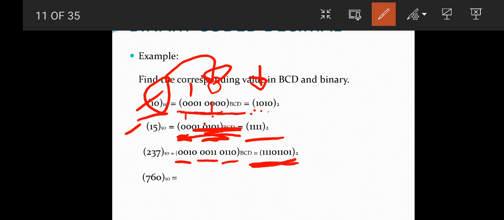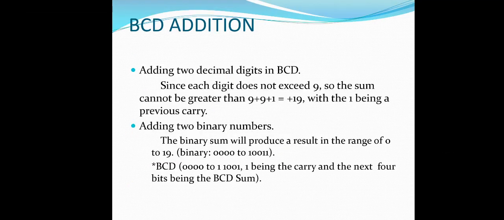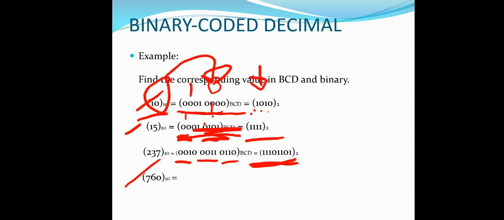Again, to get that value, you will be using the exponential table or the division by 2. Next example is 760. That will be the answer for 760. So that will serve as your activity.